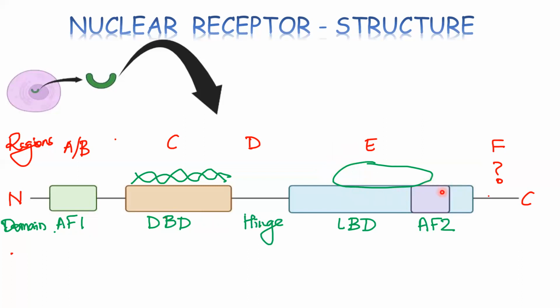And then we have AF2, which is the ligand dependent activation domain. This will get activated and will start recruiting other regulatory molecules only when the ligand binds. And that terminates with a C terminal. I hope you could understand this particular topic. Thank you.